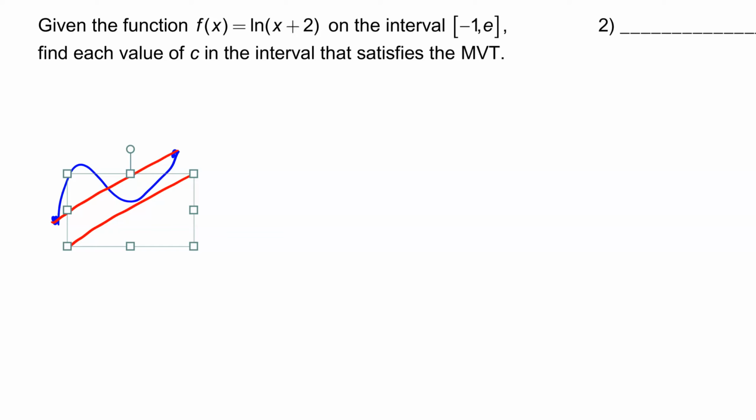So if I was a police officer, I could give him a ticket, because there's no way if he was going the speed limit that he could cover this in less than 2 hours. So I know at least at one point he had to be going faster. The mean value theorem says that the average rate of change from your beginning to end has to be the tangent at least one point.